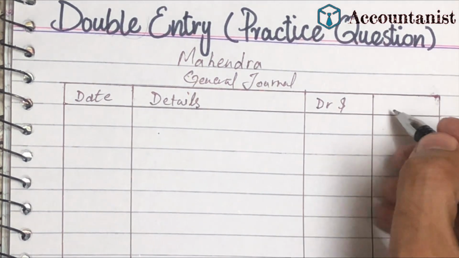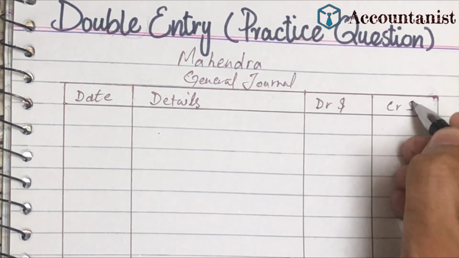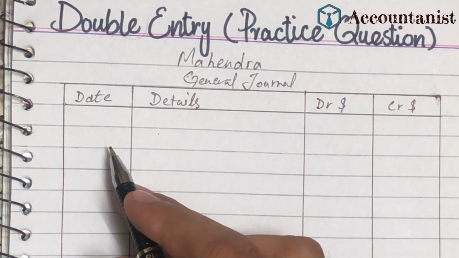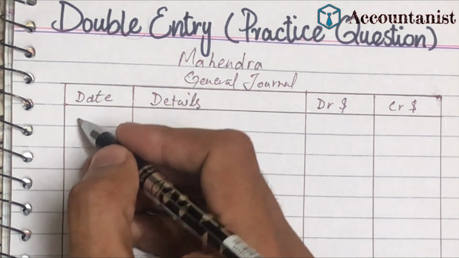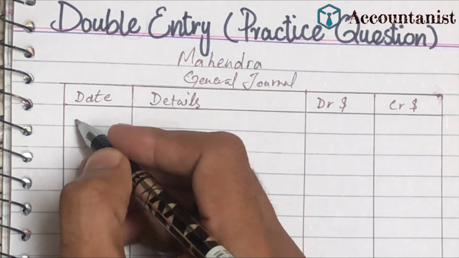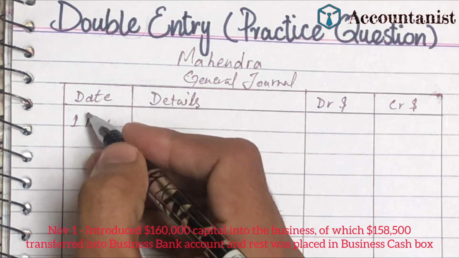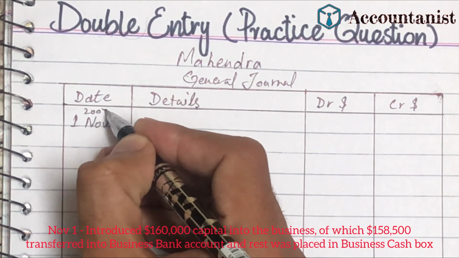In the fourth column, the last one, we will write down the credit amount. So let's start with our first transaction. The date of first transaction is November 1, so we'll mention the date 1st November and we'll write down the year on top of the date.